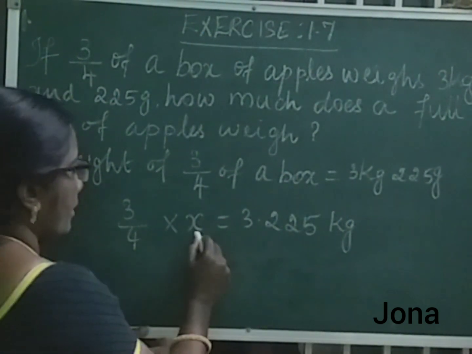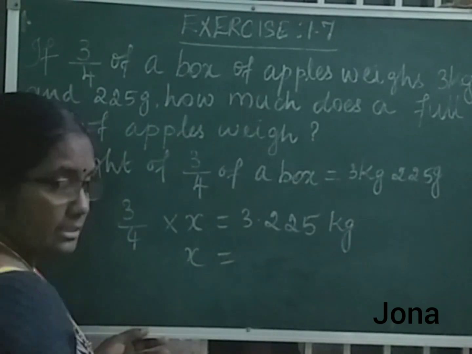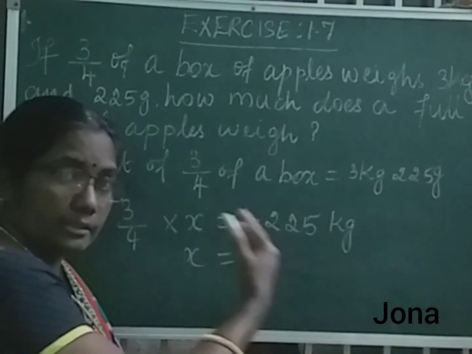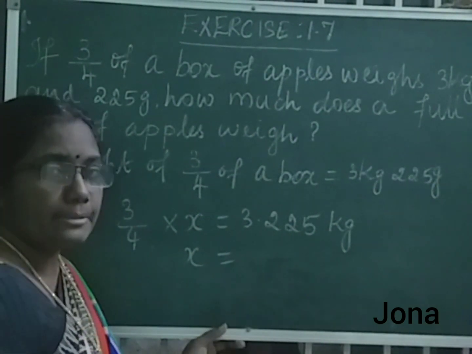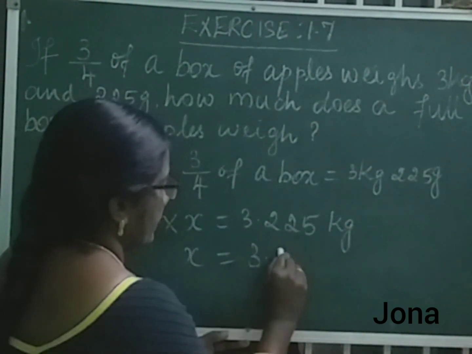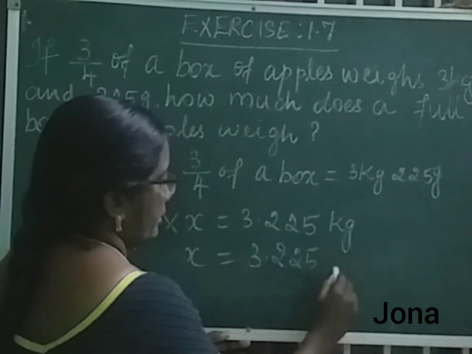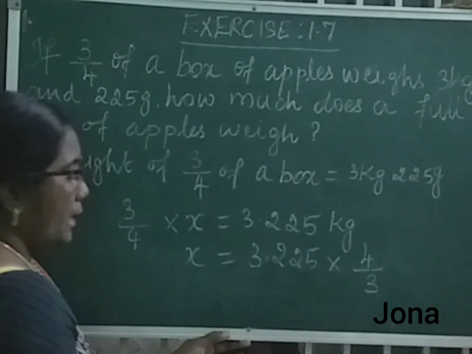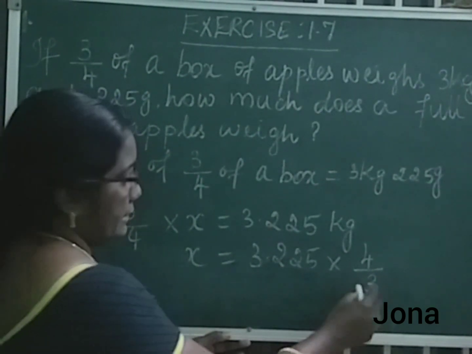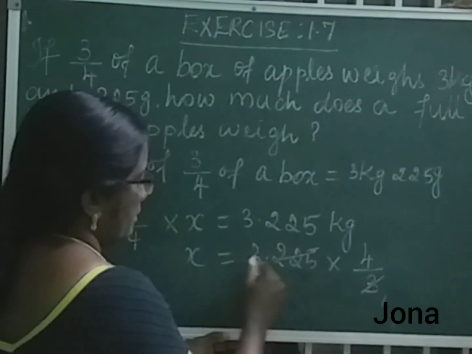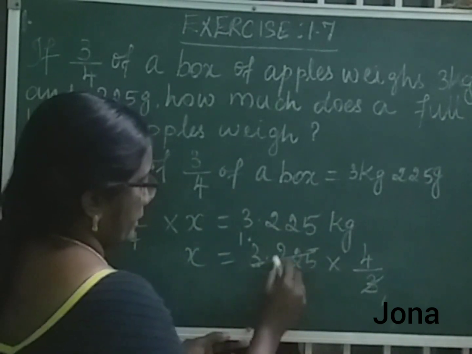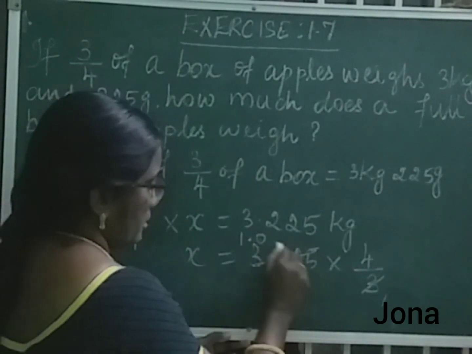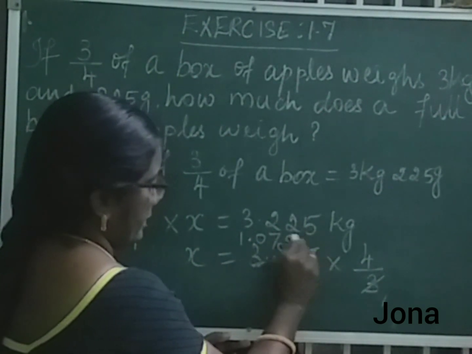Now I want to find the value of x. So keep x here itself and take this 3/4 to the other side. It will become the reciprocal, so x equals 3.225 into 4/3. I can cancel the 3 here, so 3.225 divided by 3 gives 1.075.